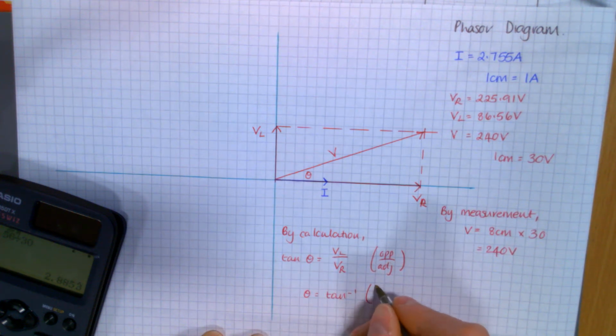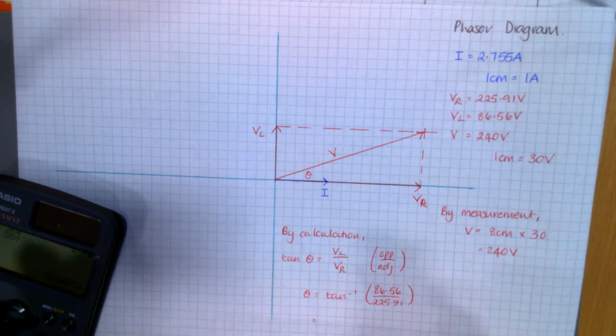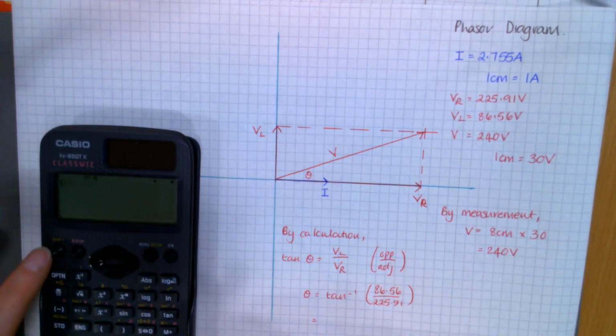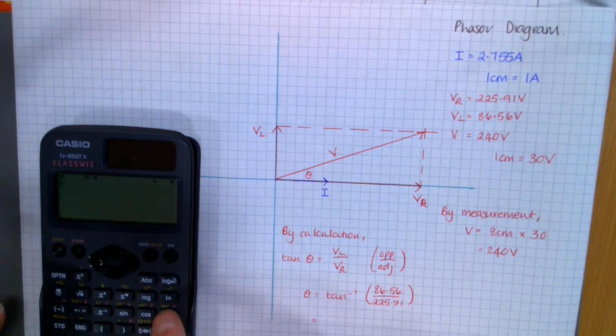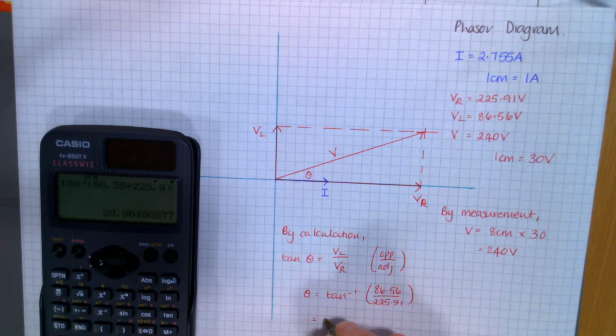So VL, 86.56 over your 225.91. That gives 20.96 degrees.